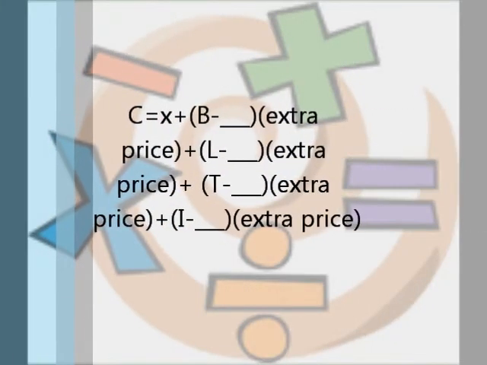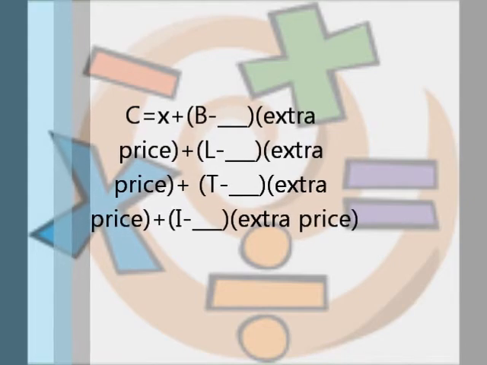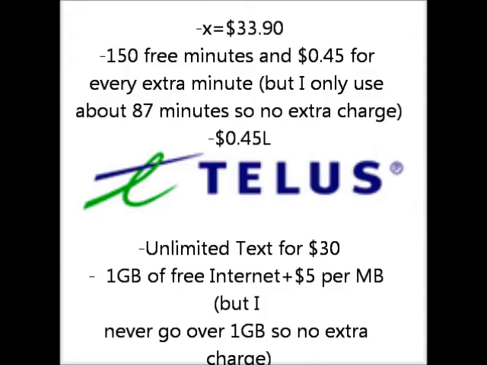This means that the equation would be C equals X plus (B minus the number of free minutes you get) multiplied by the extra price, plus (L minus the free number of minutes) multiplied by the extra price, plus (T minus how many free text messages you can send) multiplied by the extra price, plus (I minus how many free gigabytes you get) multiplied by the extra price.